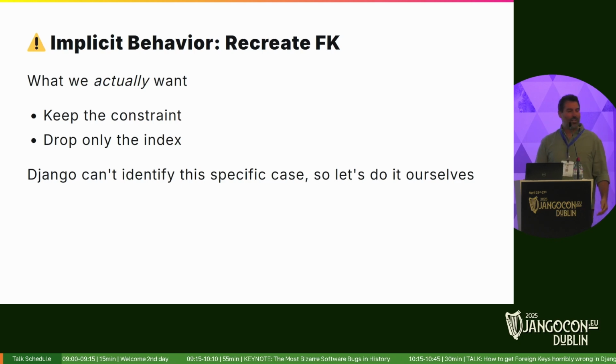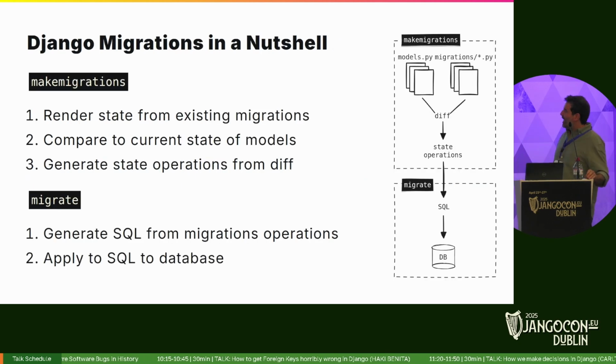Okay, so let's actually do that, because apparently Django can't identify the situation by itself, so we need to help it. To understand how we can change the way Django executes things in the database, and I'm actually very happy that I'm not the first one to show you this, we need to understand how migrations work.